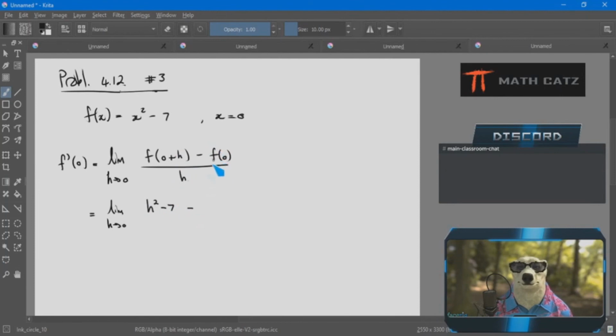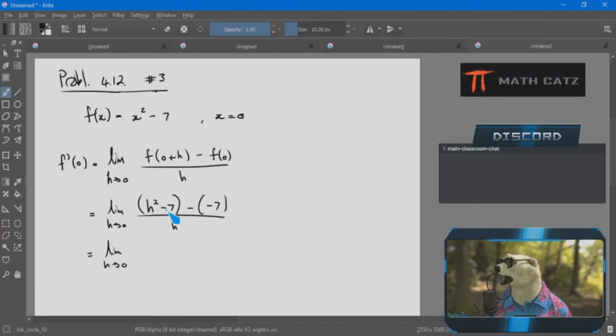And f of 0, so let's put round brackets around it. That's my first function evaluation. Second function evaluation is at 0. So that's a little bit easier. I plug in 0 for x, I get negative 7. I put that over h.